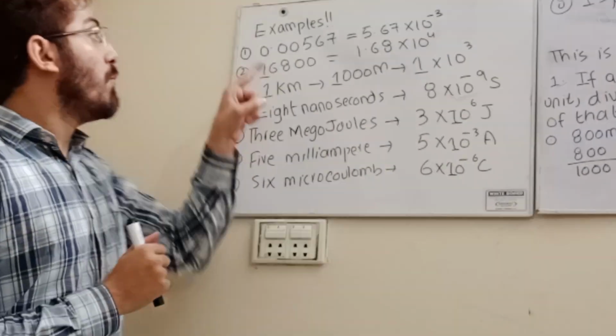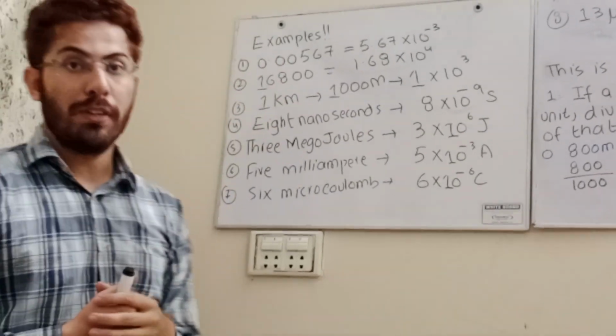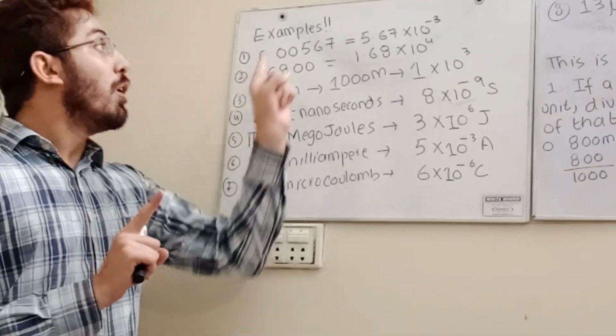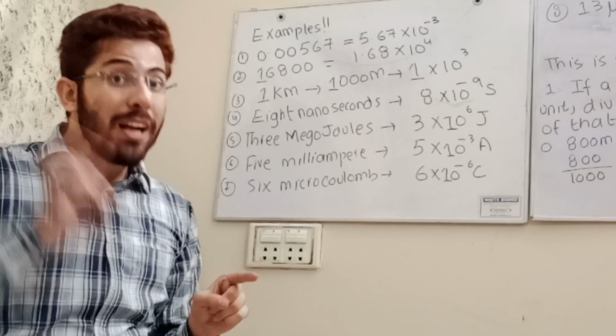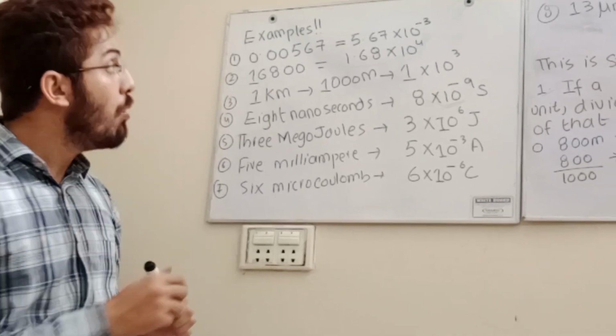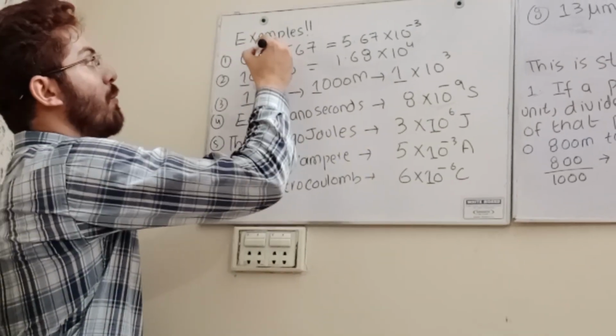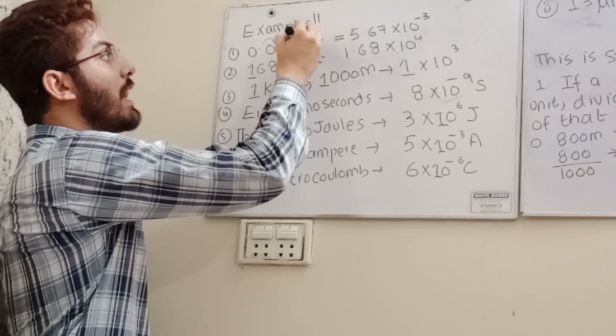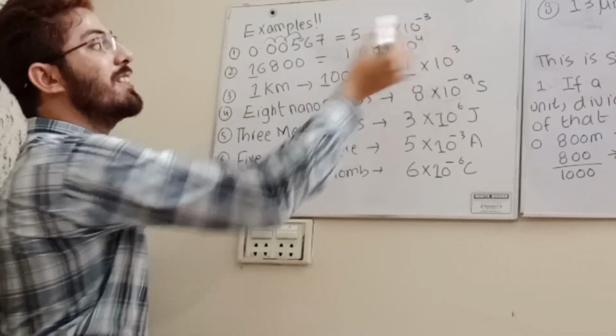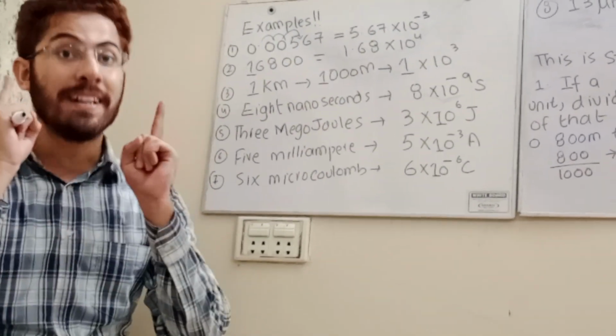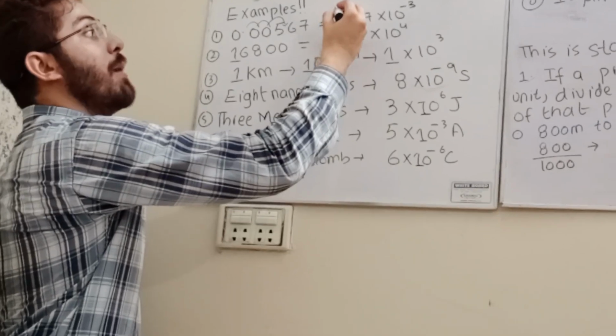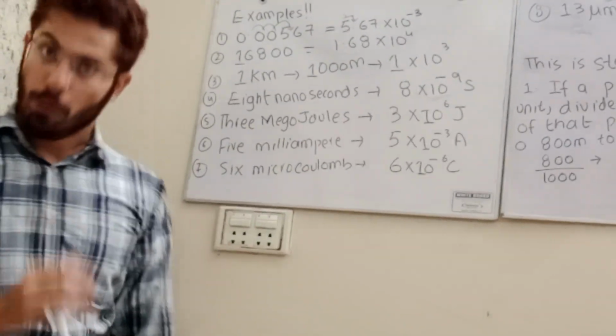First of all, 0.00567. You are going to convert it into standard form. How? You shift the decimal 1, 2, and 3 places, giving 5.67 exponential minus 3. It is mandatory to have a decimal point after one digit.